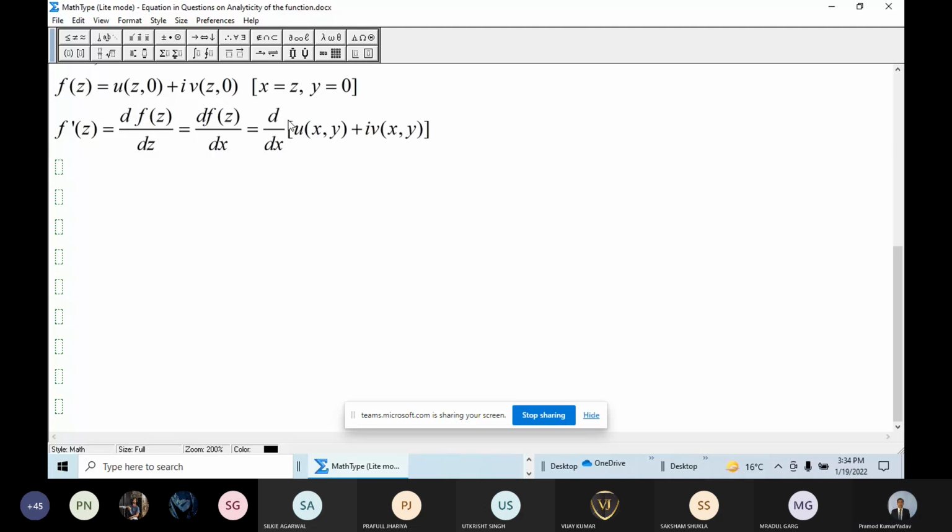In fact, it is the partial derivative del by del x of f(z). So del by del x of f(z) means like this.